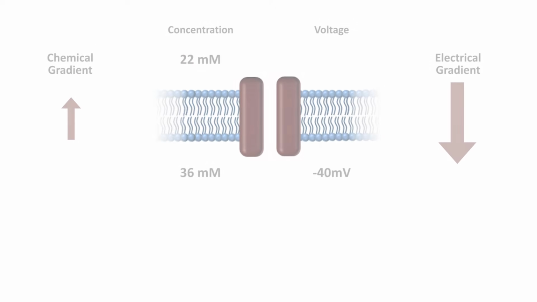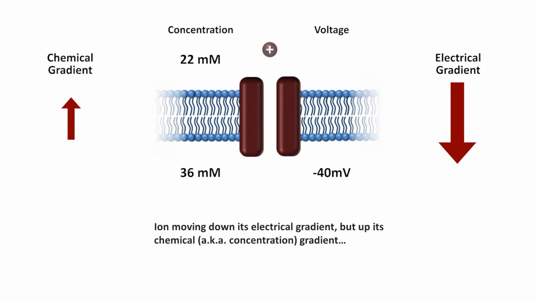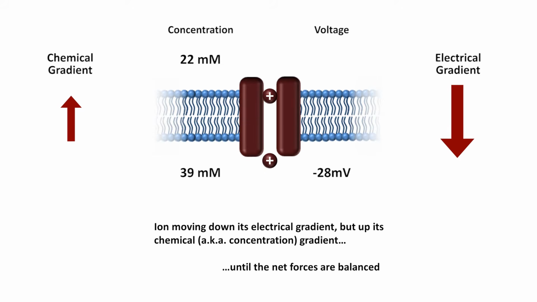However, if these gradients are in opposing directions, there will be net movement of ions only until the forces caused by the two gradients balance one another. That is, if the ion channels are open, there will be net movement of an ion until its net electrochemical gradient is zero. The transmembrane voltage required to perfectly balance the diffusion force from a concentration gradient is known as the equilibrium potential, which I'll talk more about in a minute.